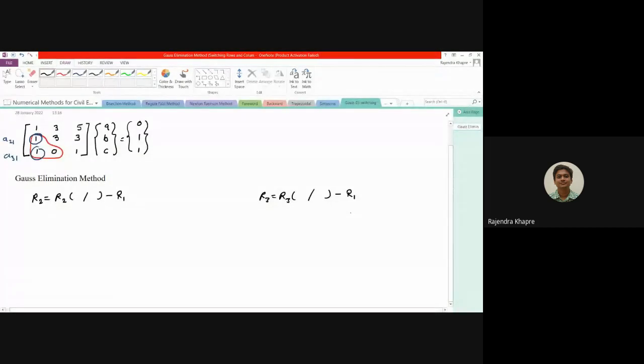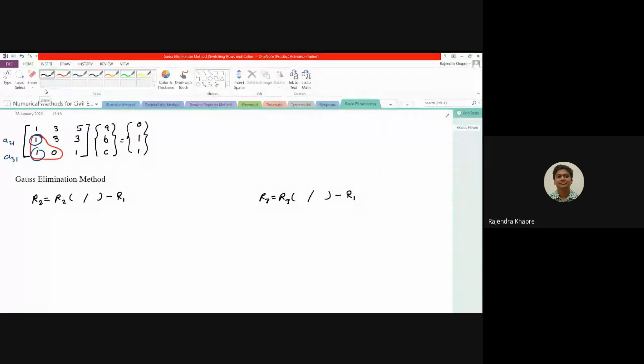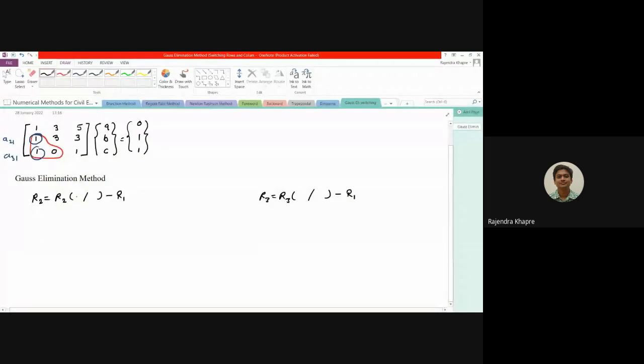Now remember what has to be written over here. Here what will we write, what will we write in the denominator, and what will we write here? Somebody please tell me what I should write over here. Anyone?